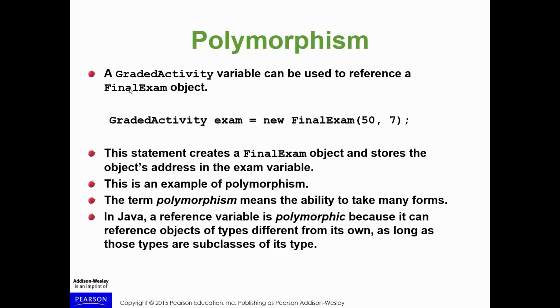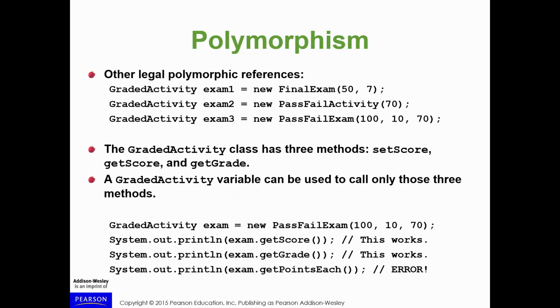So what they say here, if you notice, a graded activity can be used to reference a final exam object. This is kind of confusing. But as mentioned toward the bottom of the slide, polymorphism means the ability to take many forms. In Java, a reference variable is polymorphic because it can reference objects of different types, different from its own, as long as those types are subclasses of its type.